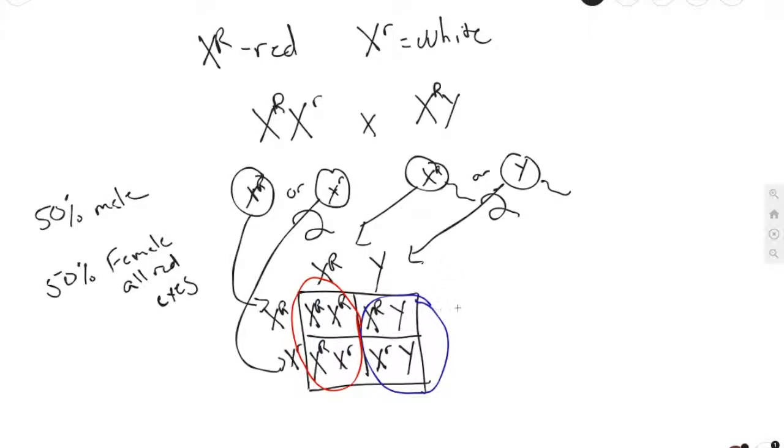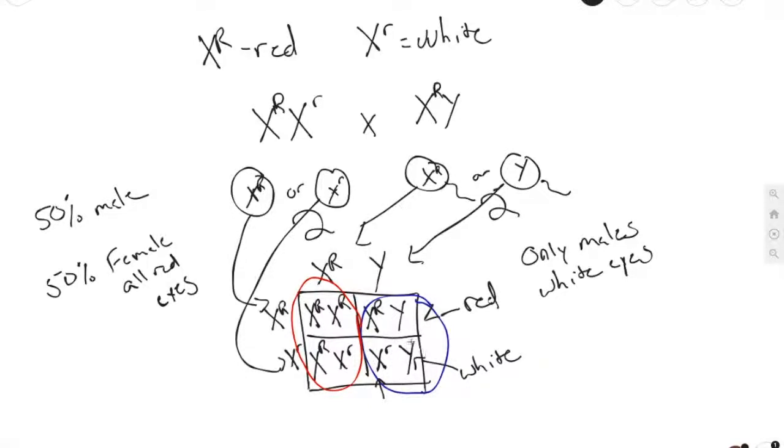If we look at the males, though, half have red eyes, and then this one has white. So only males had white eyes. Why is this? That's because it's on the X chromosome.